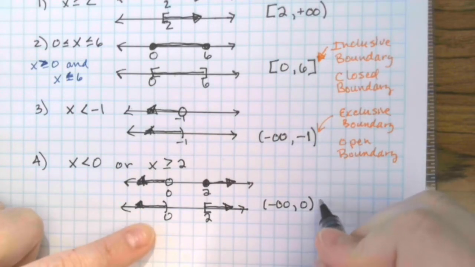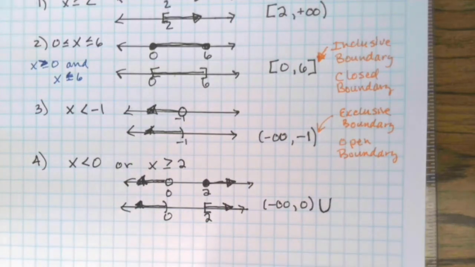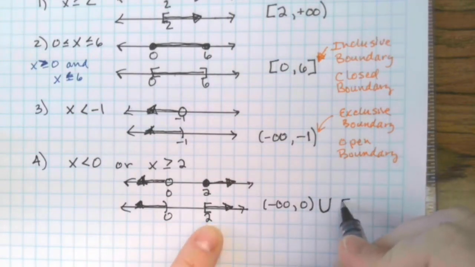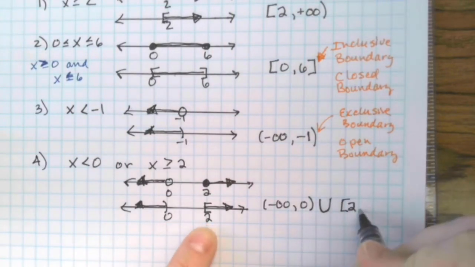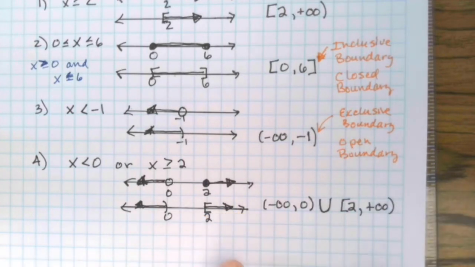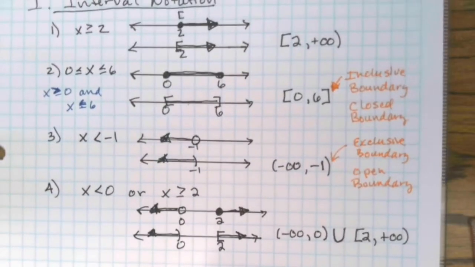And this is where you're going to need to use a union symbol. A union symbol kind of looks like a capital U, but it doesn't have a stem on it. It's actually a Greek symbol. So, in union with, and then you do the right side, 2 inclusive, and this goes infinitely to the right, so up to positive infinity. And again, the infinities always get the parentheses. All right, that's interval notation.